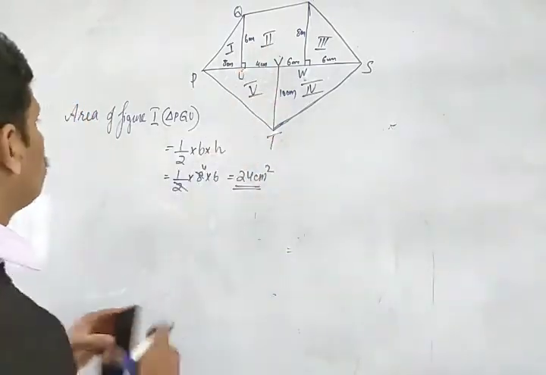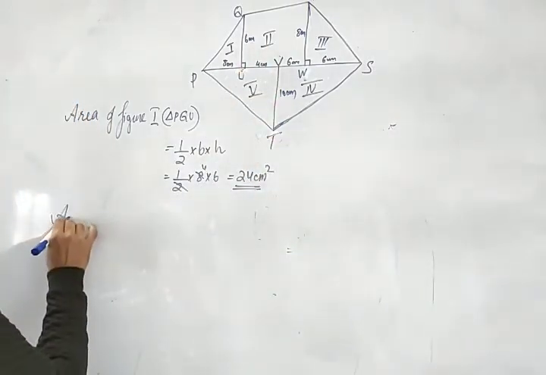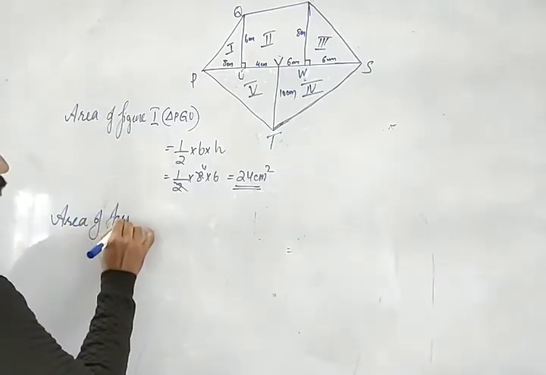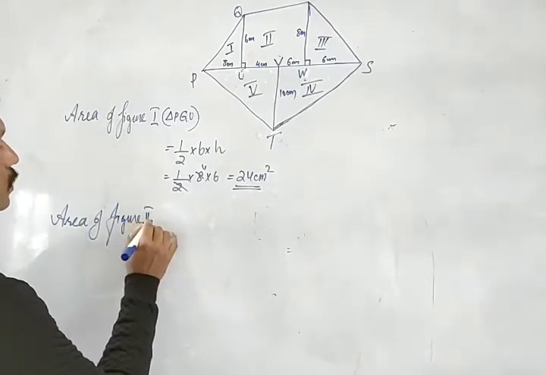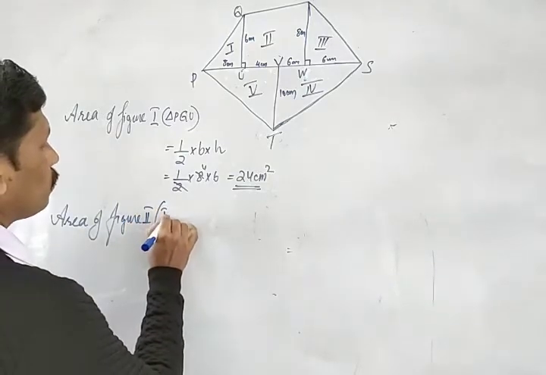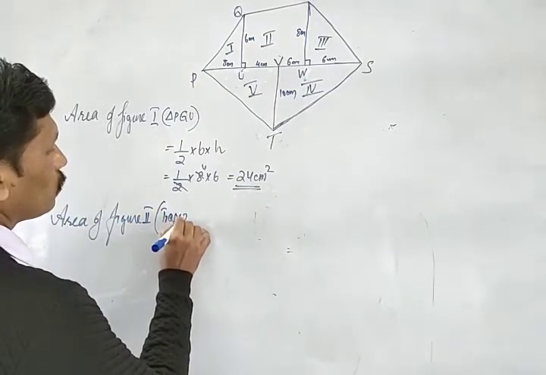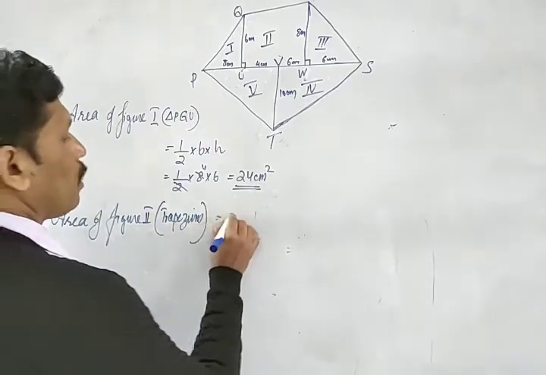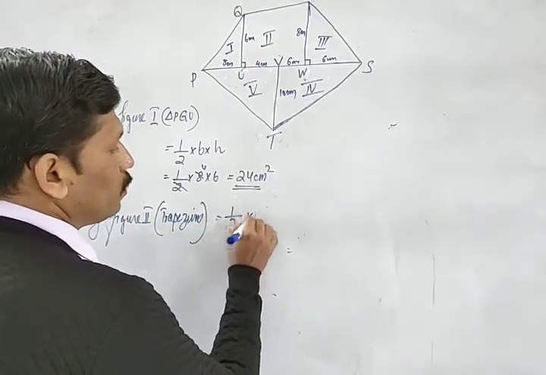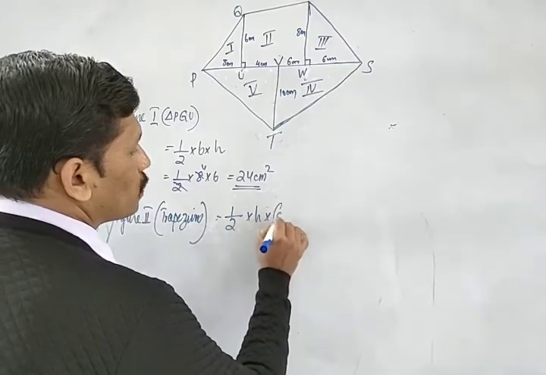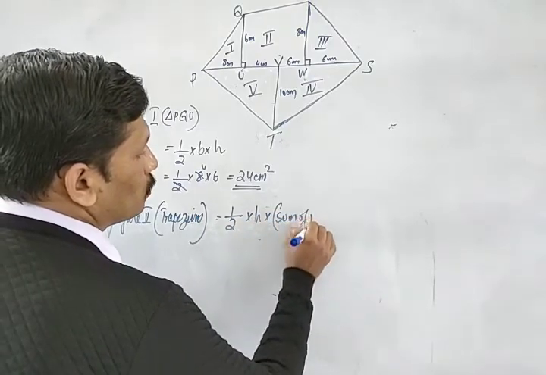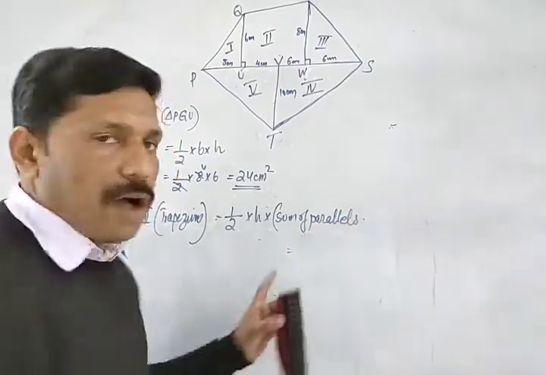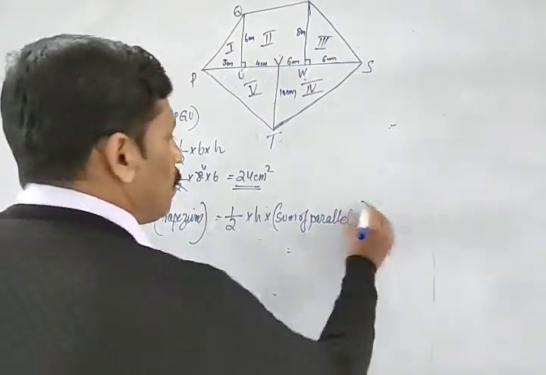The second figure is a trapezium. So area of figure 2 is the area of the trapezium. The trapezium area formula is half into height into sum of the parallel sides.